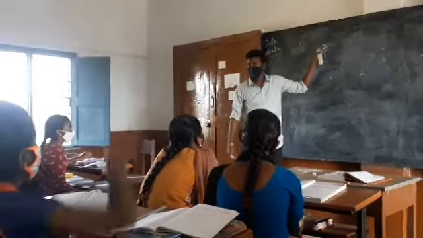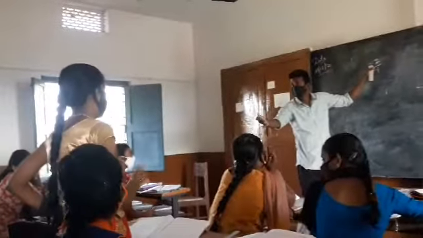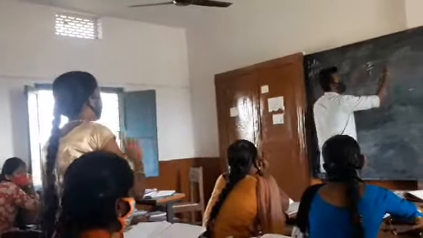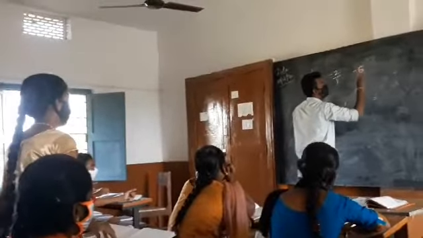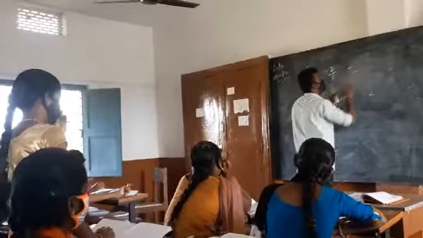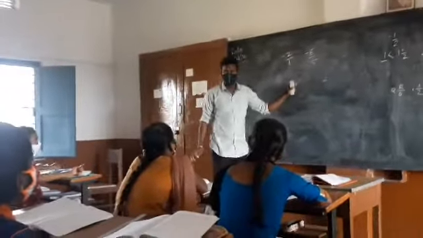Another example. Minus 6 by 5. Very good. It is a negative improper fraction.